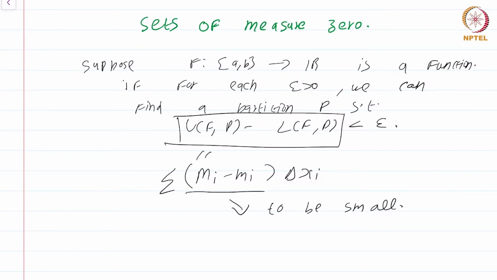Continuous functions behave very well: if you make these partitions, thus each interval in a partition, really small, then it is reasonable to believe that capital Mi minus small mi can be made very, very small, and this was captured by using uniform continuity in the proof. Now, we want to see whether there are other functions apart from continuous functions that are Riemann integrable. In other words, we want to see functions for which this variation, capital Mi minus small mi, is not too large.